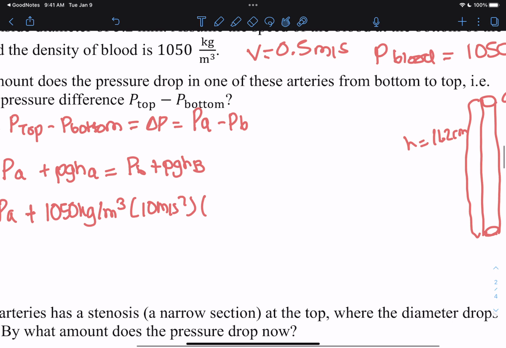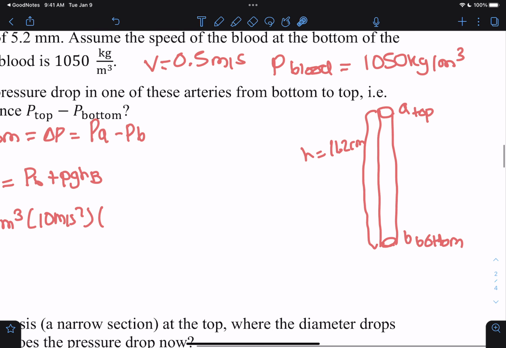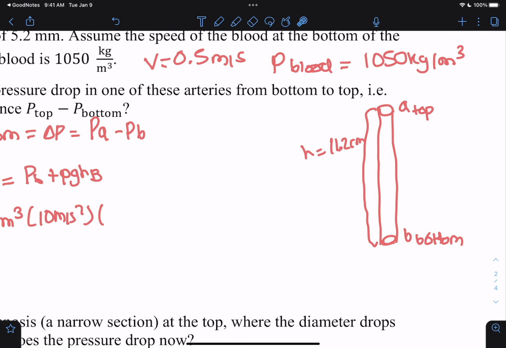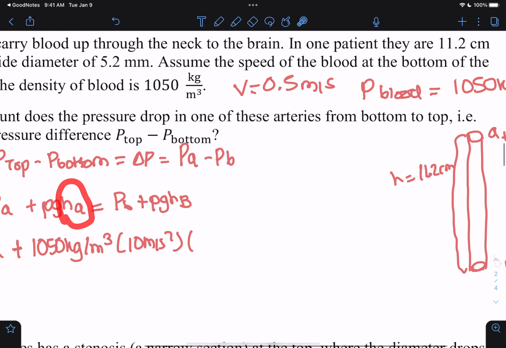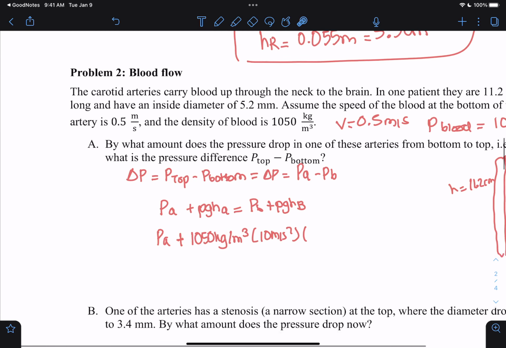One thing I will warn you about when you're doing these types of problems is how you want to define height. This h doesn't necessarily always have to mean height per se. It could also mean depth. But you have to be really careful, because then you have to make sure that everything else matches that definition.